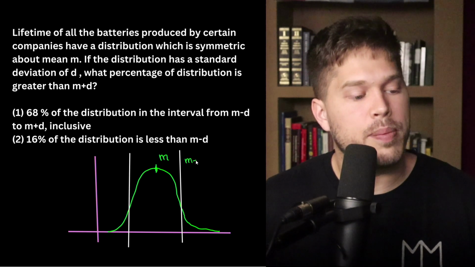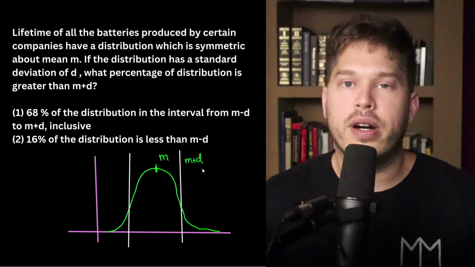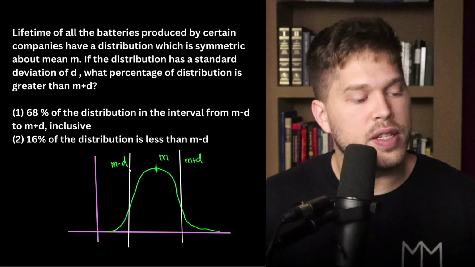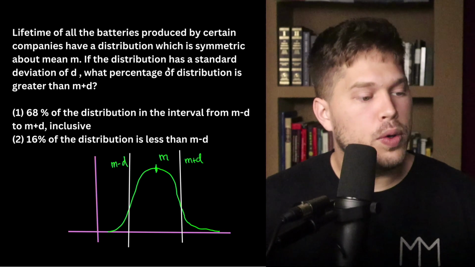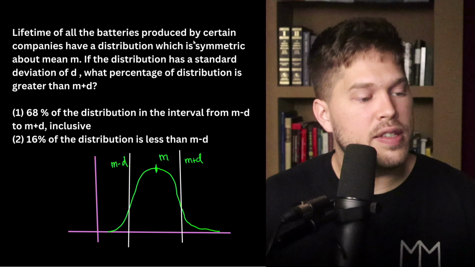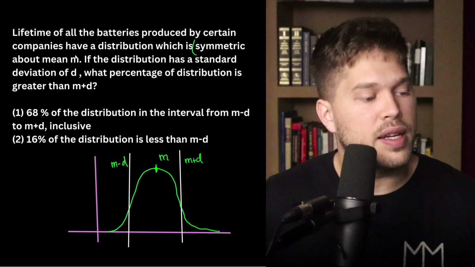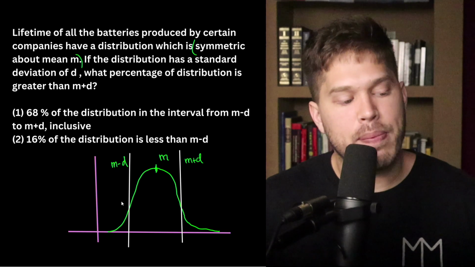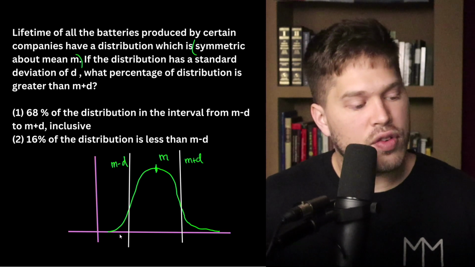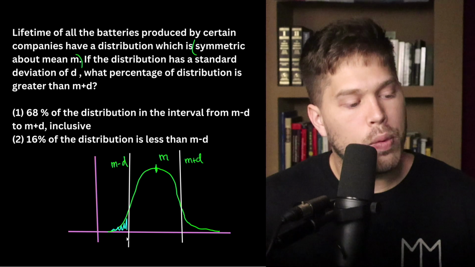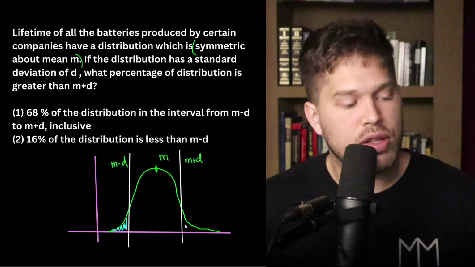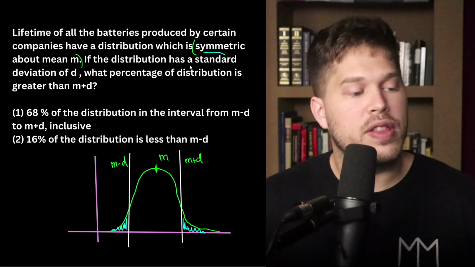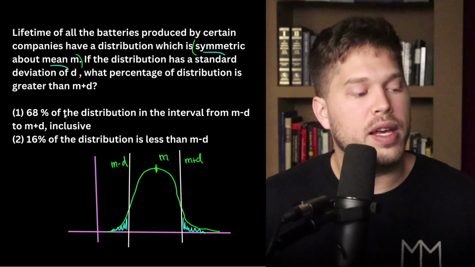So this line is our mean plus our deviation, and this line over here is our mean minus our deviation. And we're told that our distribution is symmetric about our mean. Okay, and this is really important. This tells me that this section of m minus d would be equivalent to this section of m plus d, as again, everything is symmetric about our mean.